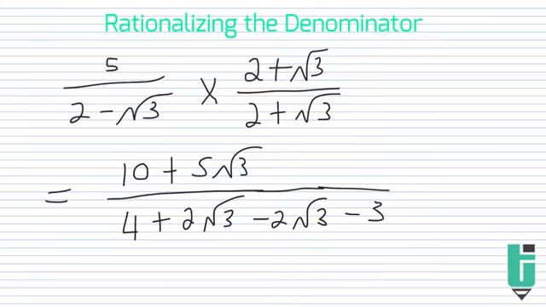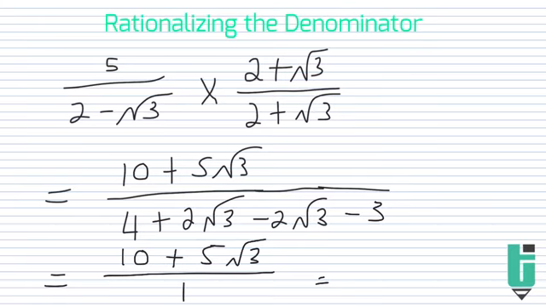Okay, and we can simplify this to, at the top we'll keep the 10 plus 5 times square root 3, and at the bottom the 2 times square root 3 will cancel out, and we'll have 4 minus 3, which is just 1. Okay, and this will simplify to 10 plus 5 square root 3.